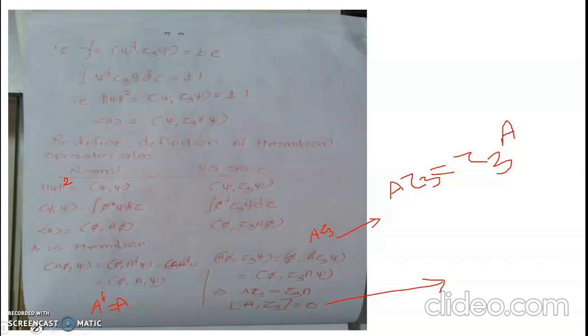And keep in mind that the normal definition corresponds to positive definite normalization and real eigenvalues of Hermitian operators, whereas this modified definition necessitates both positive and negative normalization for state functions and both real as well as imaginary eigenvalues for the Hermitian operators.